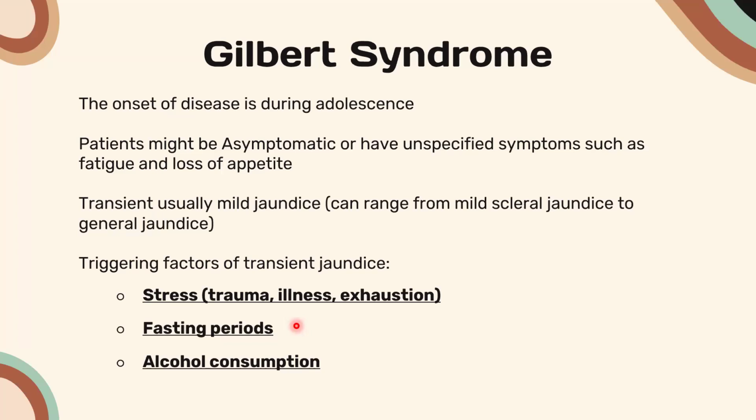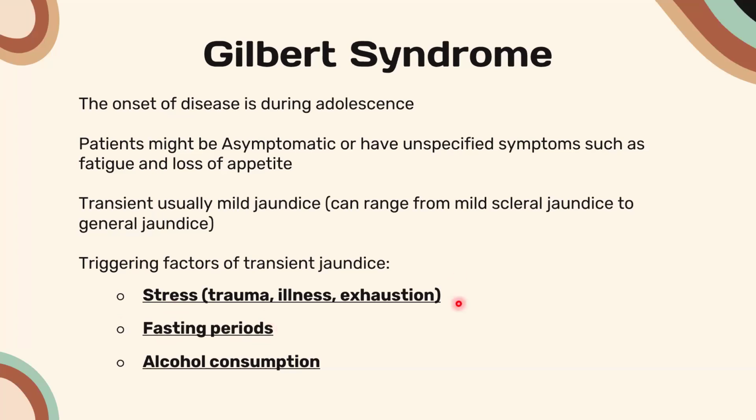Because they have this mutation and a defective enzyme, once the liver becomes preoccupied with something else, the levels of indirect bilirubin will increase and they're going to have jaundice. The same thing happens in fasting periods, because the liver becomes preoccupied with breaking down macromolecules to release energy, and it doesn't have time to convert indirect to direct bilirubin.